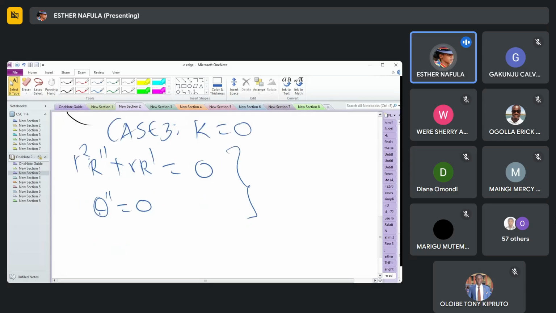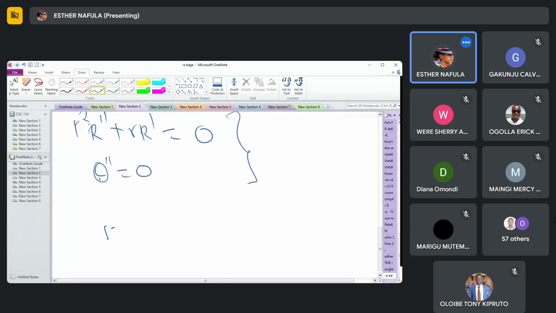But we start with the first one. R squared R double prime plus small r capital R prime equals 0.